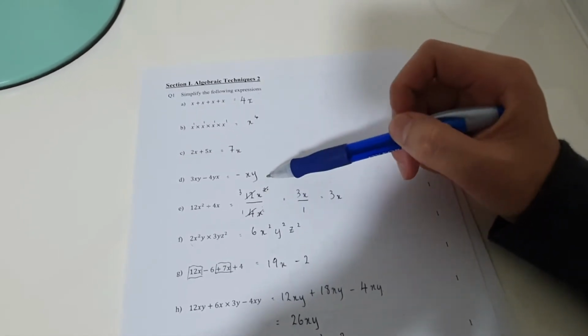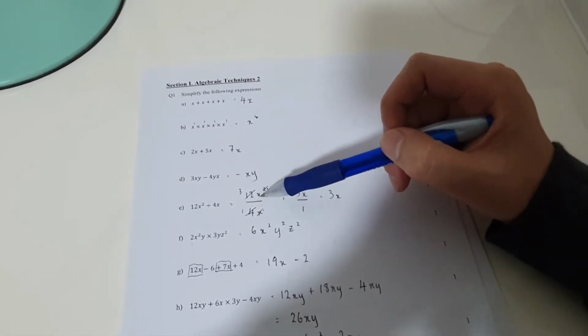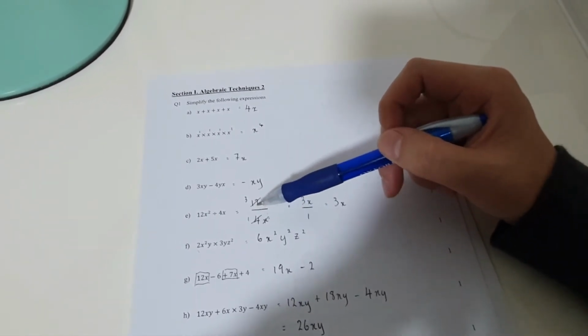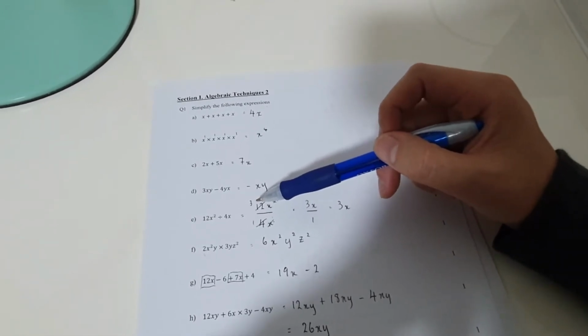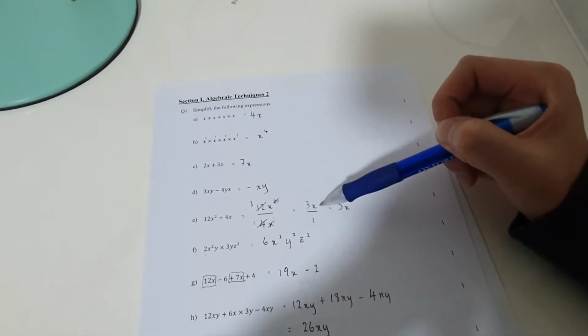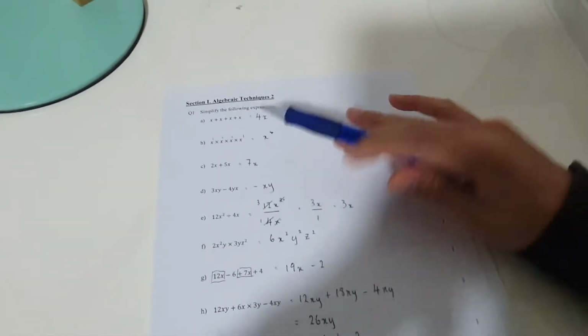When I do that, for the top I only cross out the 2. So then I'm left with 1x here. 12 and 4 are both divisible by 4. 4 divided by 4 is 1. 12 divided by 4 is 3. So then you're left with 3 times x, which we have here. And the denominator is just 1. We write 3x. We don't need to write over 1.